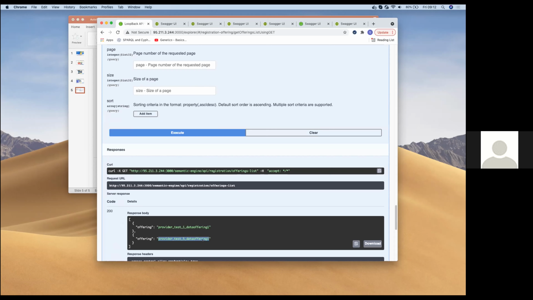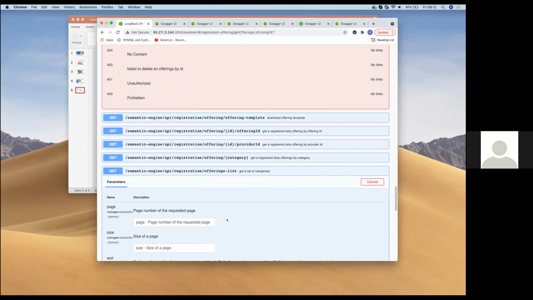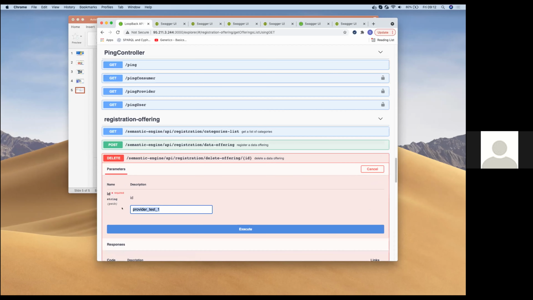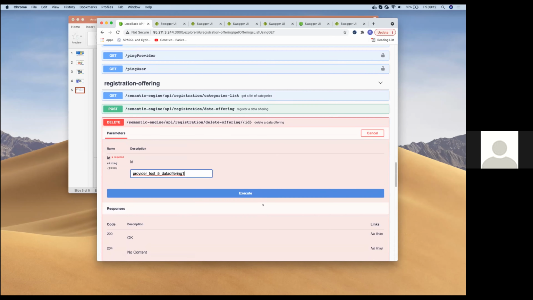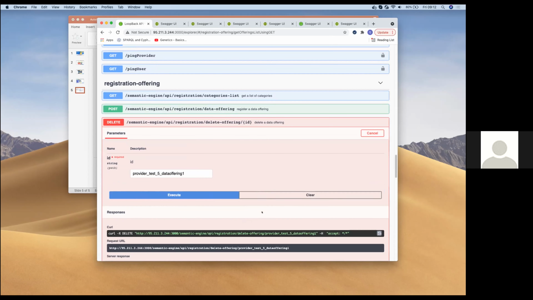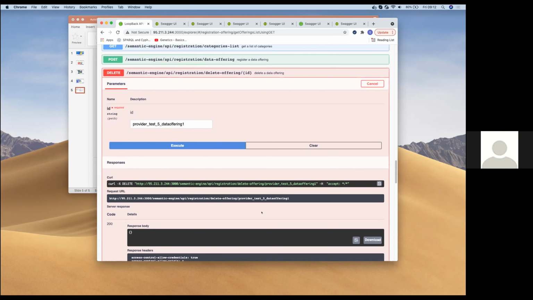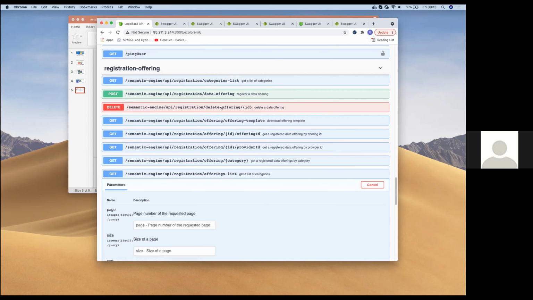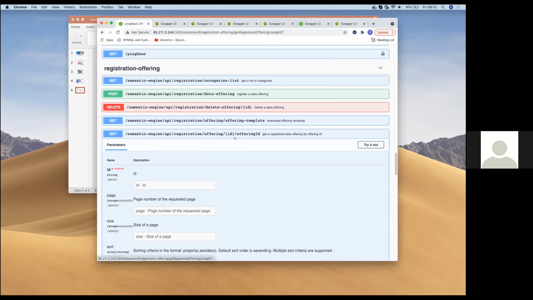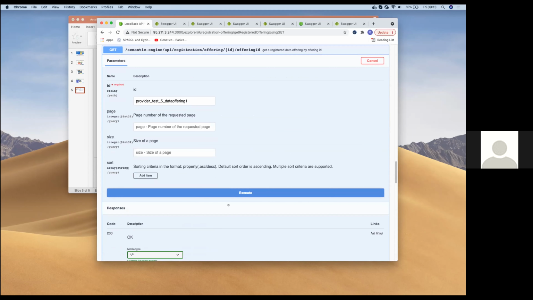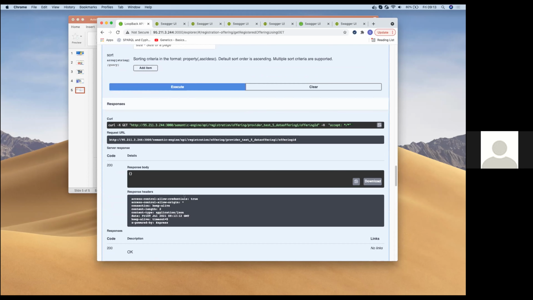Let's say I remove this one, so I can remove this offering. This offering is gone, and if I try to find this offering based on the offering ID, I should not be able to see it because this offering is deleted, you can see.